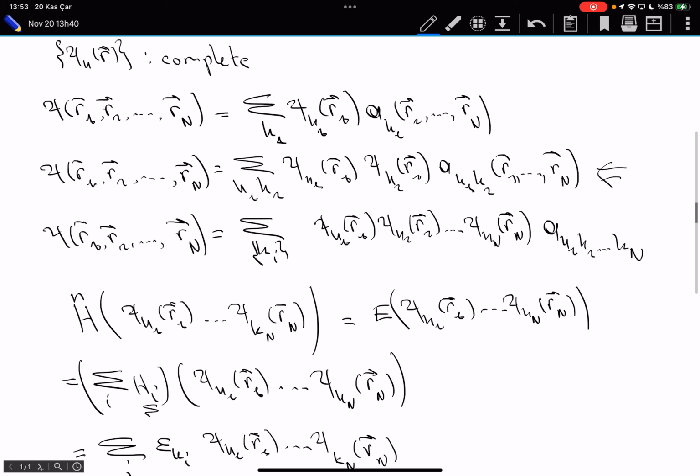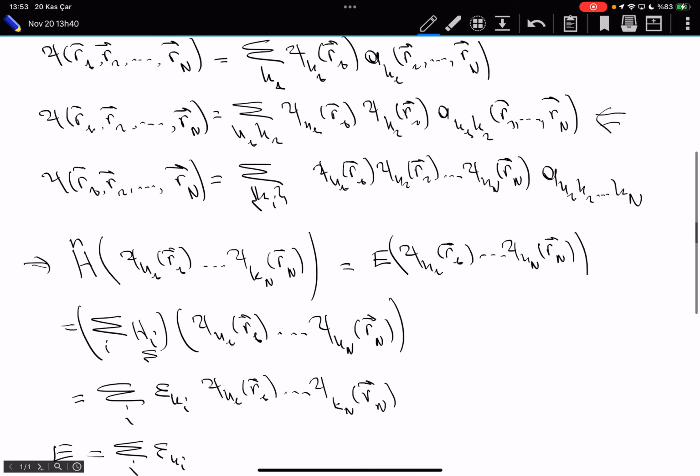Now I just looked at one of them. Here I proved that this product is actually an energy eigenstate of my n-particle Hamiltonian. So you're not acting on the whole thing? No, I'm not acting on the whole thing. I'm just looking at one of them.